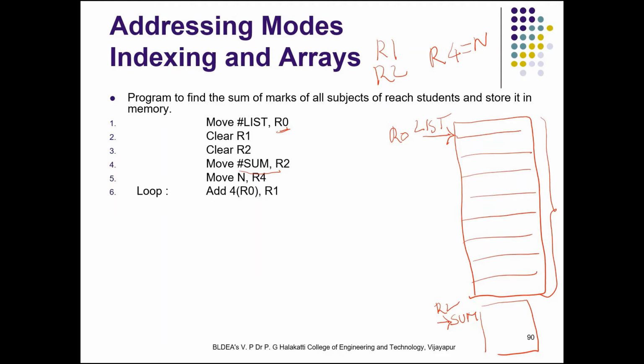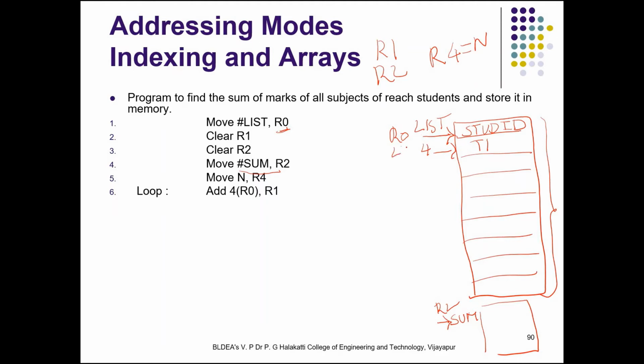Now the first instruction in the loop is add 4 R0 comma R1. Since R0 is pointing at the beginning of the list, and we have already seen the beginning of the list contains the student ID, it is not containing any test marks. So test marks will be there after 4 bytes, that is, in the next word.